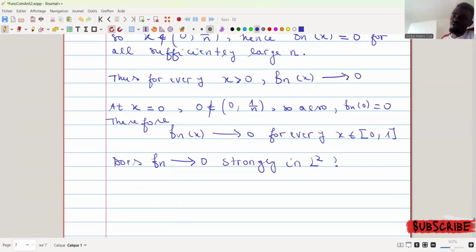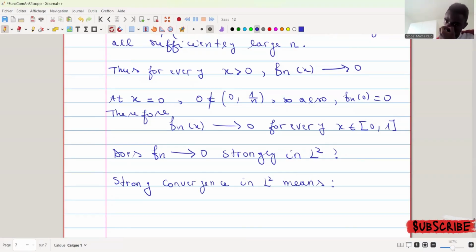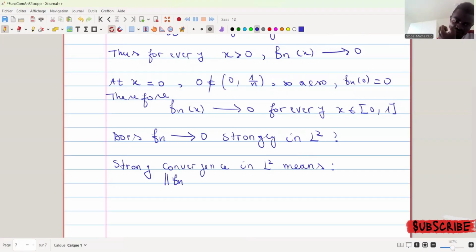The first thing you have to know is what strong convergence in L2 means. It means that the norm of Fn minus 0, and if instead of 0 it was maybe F, you would take Fn minus F, this L2 norm, gives 0.